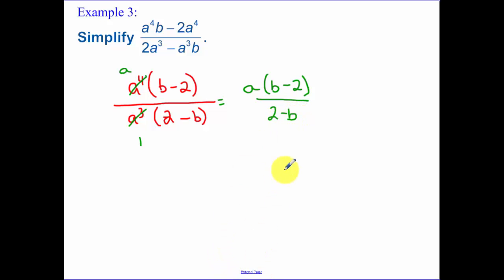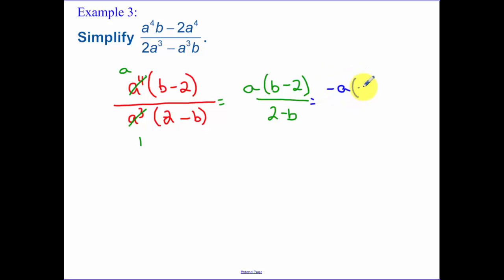Now look at this. When you're looking at this, b minus 2 and 2 minus b, notice how those are the same values, just opposite signs. So if I factor out a -1 from this b minus 2, I'm going to put it in front of the a.